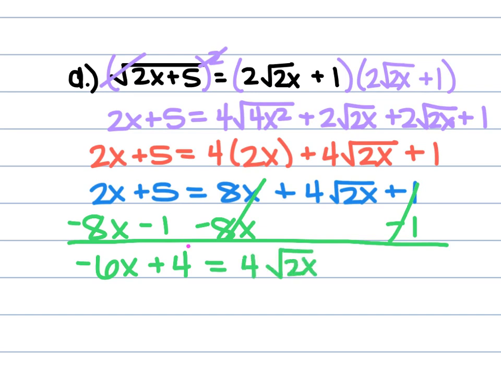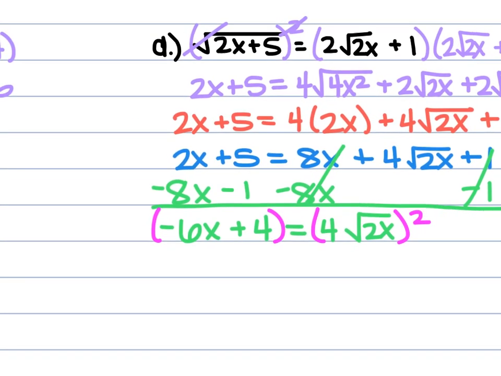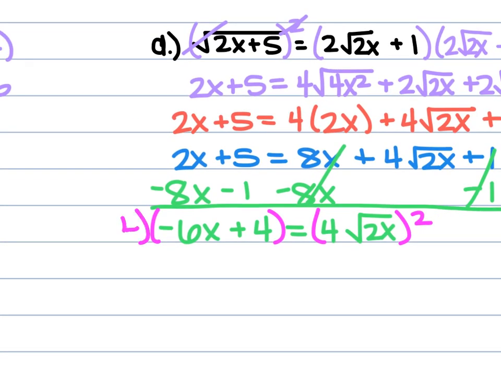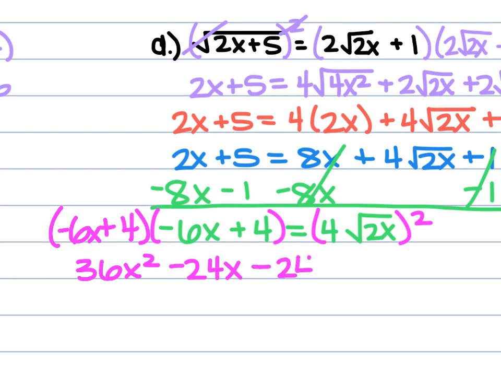From here, you have to square both sides in order to get rid of that radical. So on the other side, we're going to have negative 6x times negative 6x is 36x squared. Negative 6x times 4 is negative 24x.